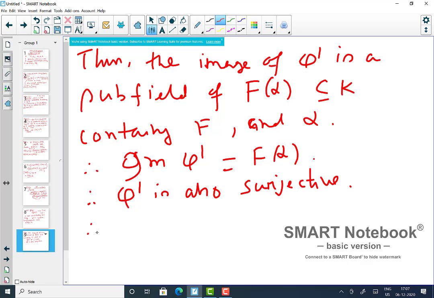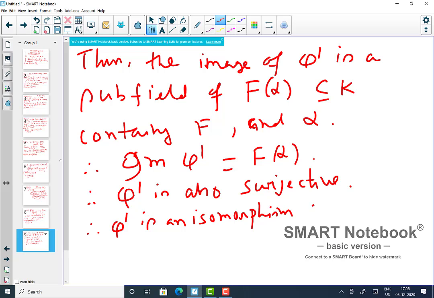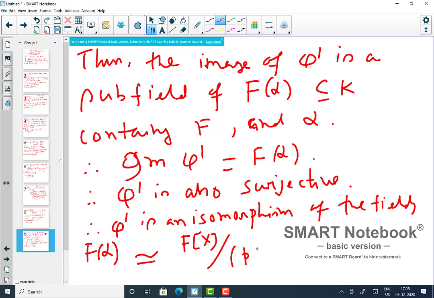So thus phi dash is an isomorphism of the fields. On the one hand you have F(alpha), and on the other hand you have F[x] over the ideal generated by this irreducible polynomial.